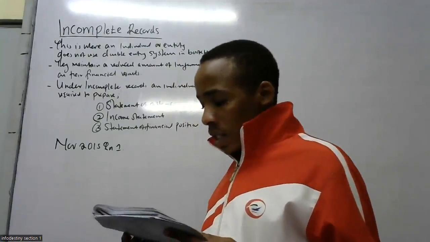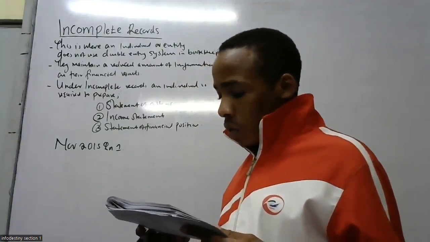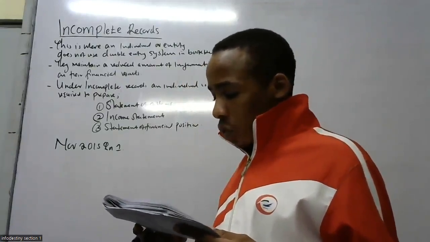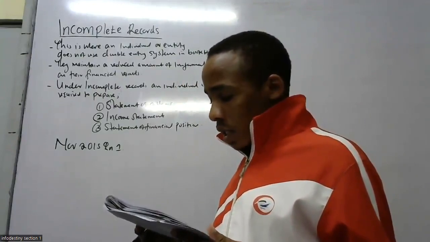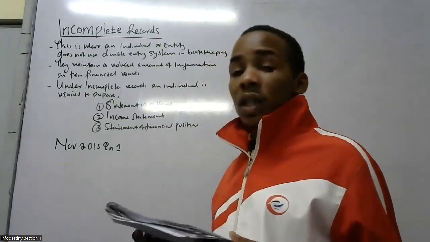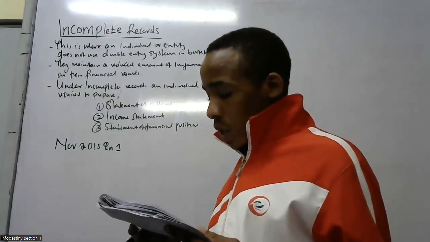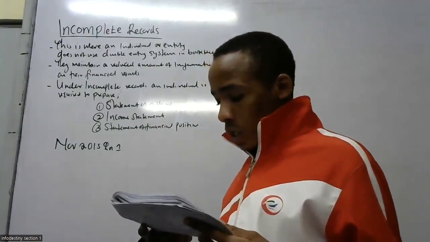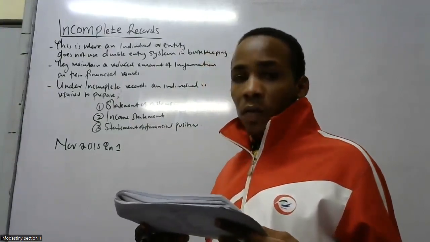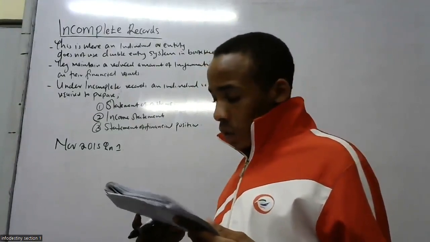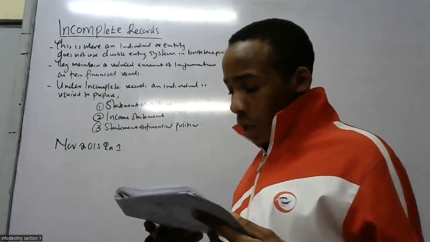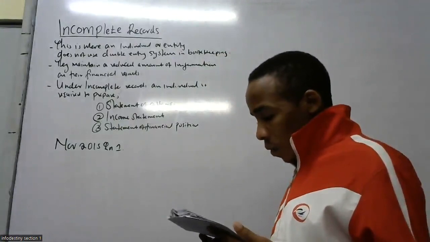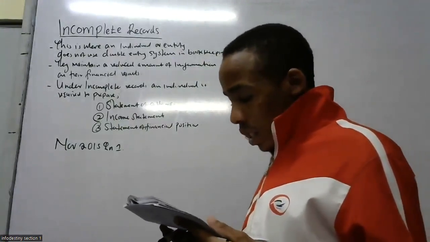The following balances are available from his books of account as at 31st May 2014 and as at 31st May 2015. So we are given the balances there for the assets and liabilities.